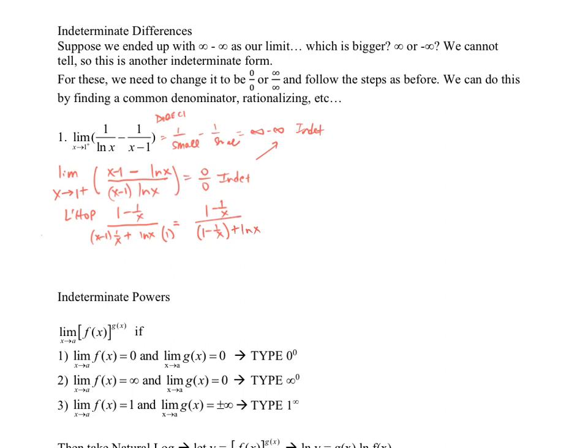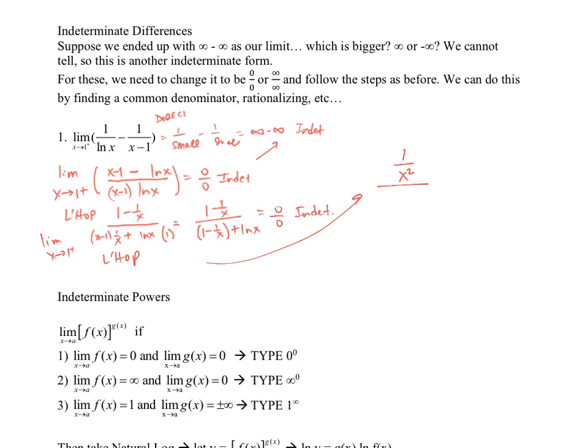Again, when I plug in the limit as x goes to 1 from the right, I get 0 over 0, another indeterminate form. So what do we do? I L'Hopital once again. I'm going to get on the top this time, the 1 goes away, and the derivative of minus 1 over x is 1 over x squared.